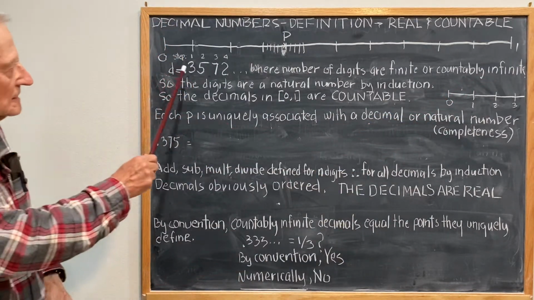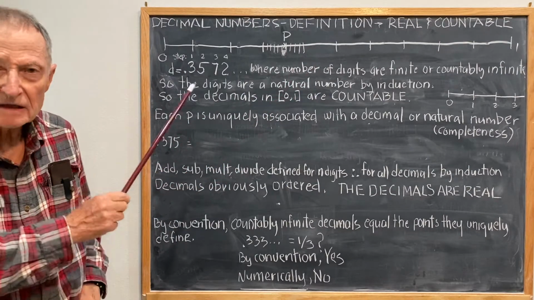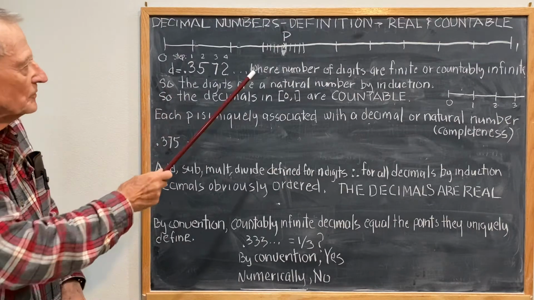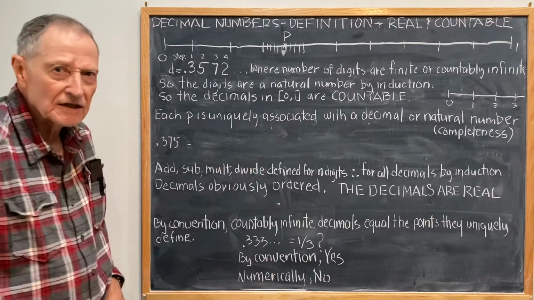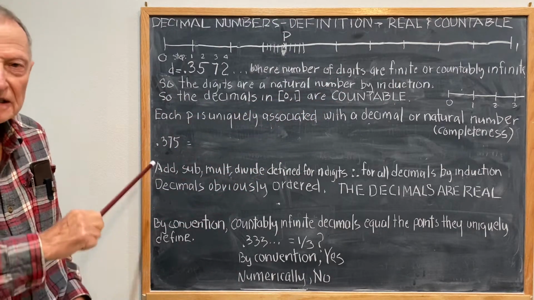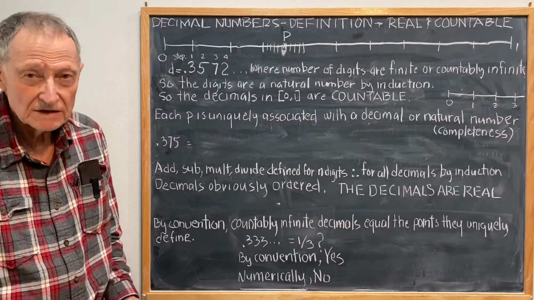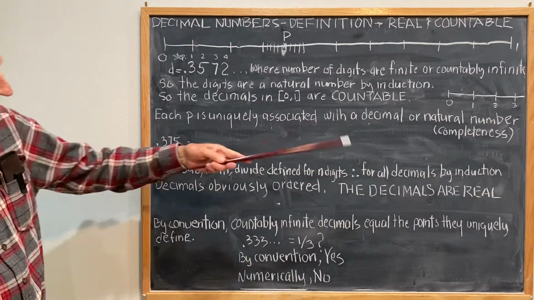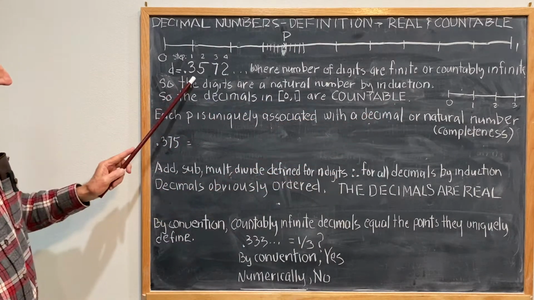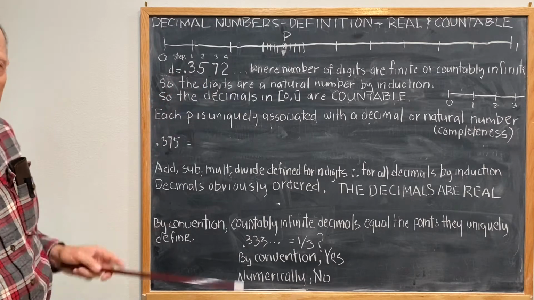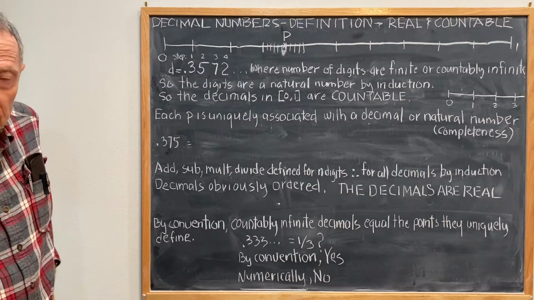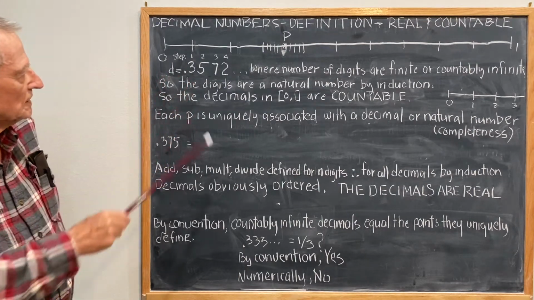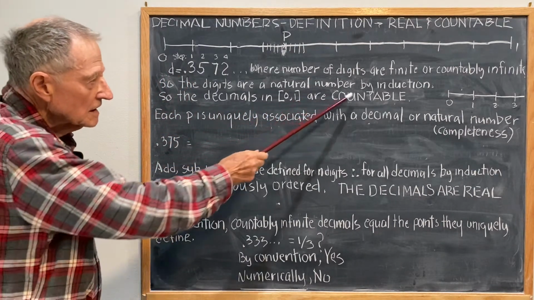So because the digits are countably infinite, which is a result of the definition of the process, the digits will be a natural number by induction, and you can only use induction on a countably infinite number of digits. So since the digits in each decimal are finite or countably infinite, I can associate a natural number with each decimal, so the decimals in 0, 1 are countable.